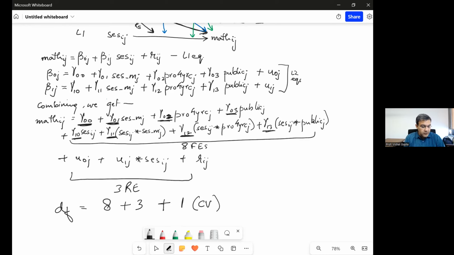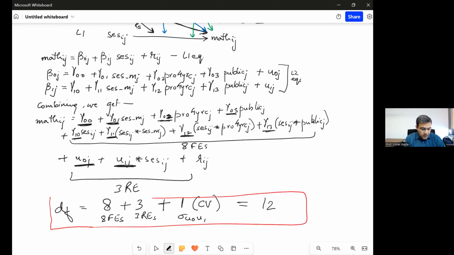Remember, one covariance will be estimated between u0j and u1j. So you have 8 fixed effects, 3 random effects plus sigma u0u1. So now the degree of freedom of this model is going to be 12, and we will see that.